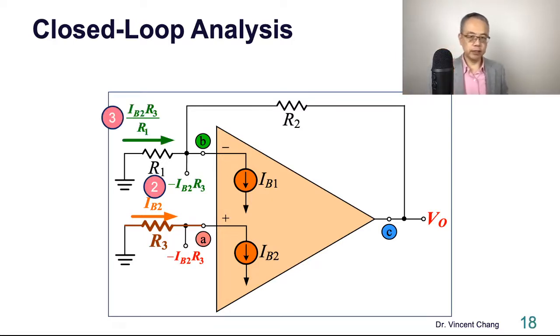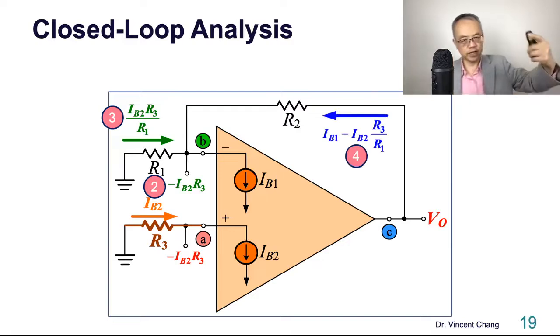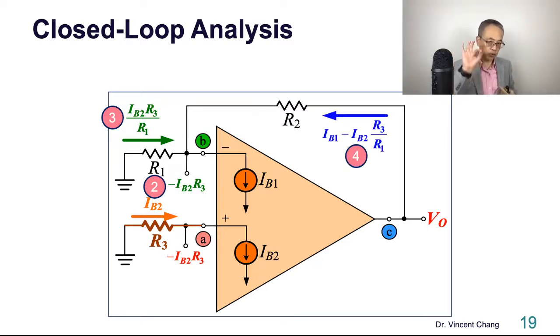Step 3, find the current: IB times R3 divided by R1. What about step 4? KCL. Based on the KCL at node B, the blue current equals IB1 minus the step 3 current, the green current.